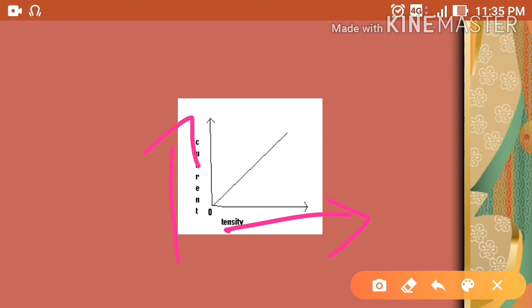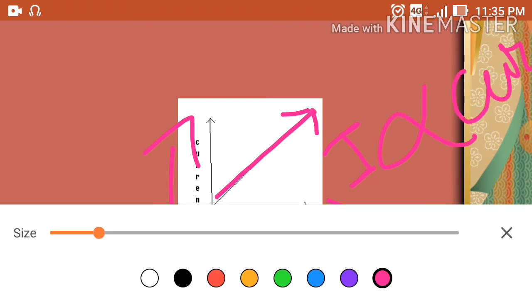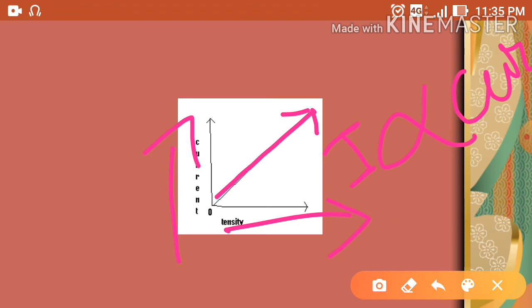As the intensity increases, the current also increases and the graph is linear. So what we can see here is that intensity is directly proportional to current. This is the conclusion here.